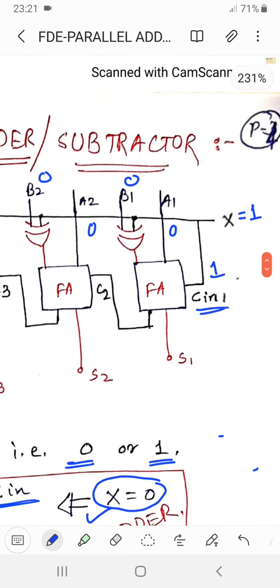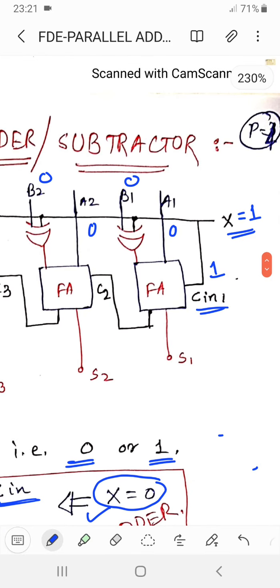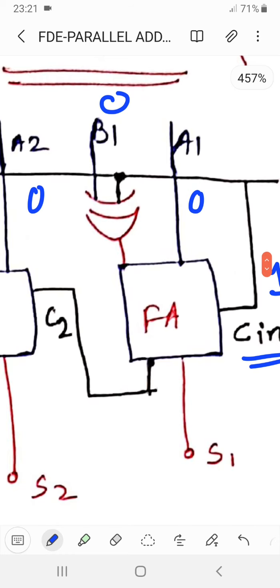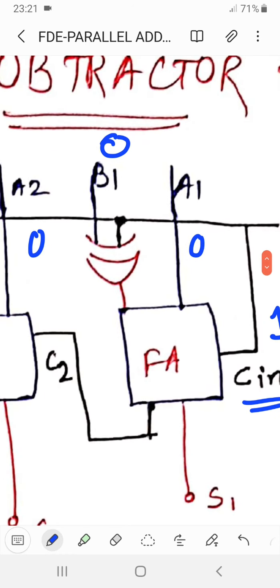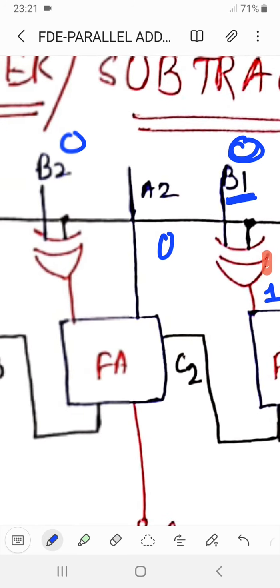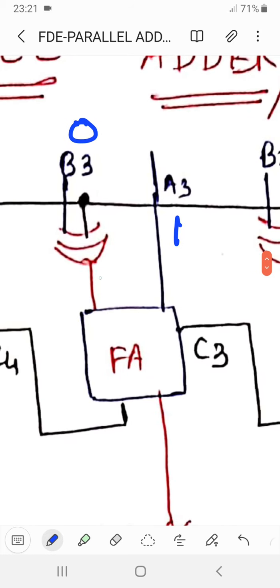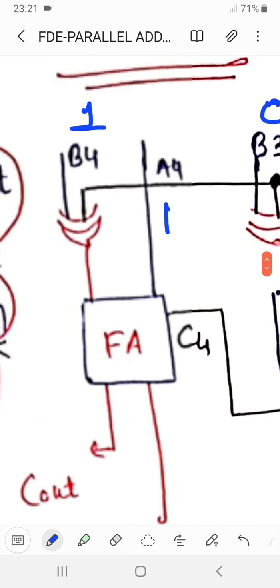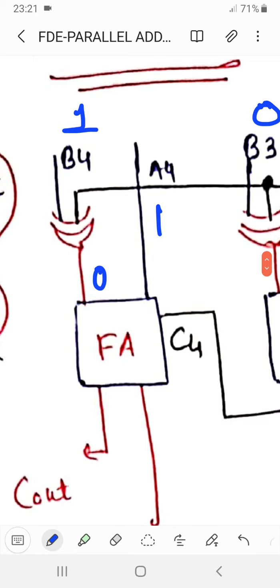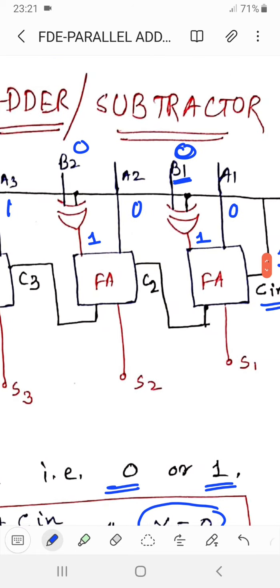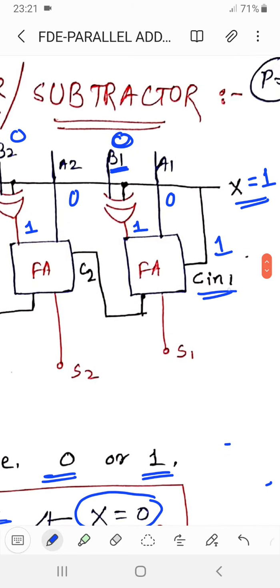So let me check the first operation. X is equal to 1, so your XOR gate gives you the complement of it. My input is 0 as B1, so my complement is 1, here the complement is 1, here the complement is 1, and here my complement is 0. So 0 1 1 1, this is my second input, while my carry in is 1.